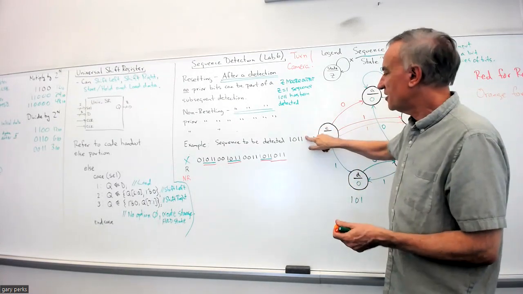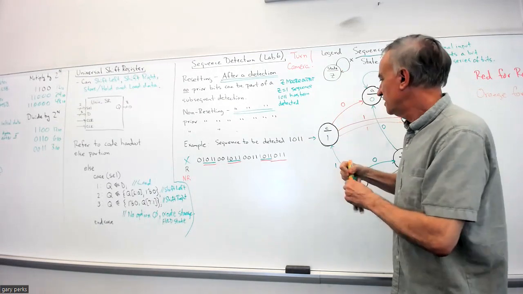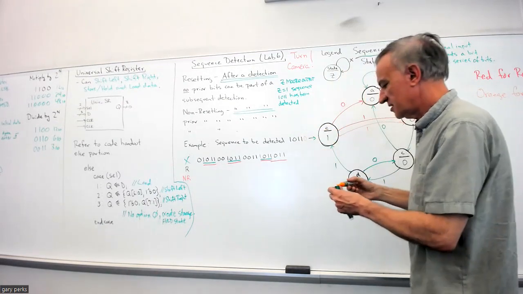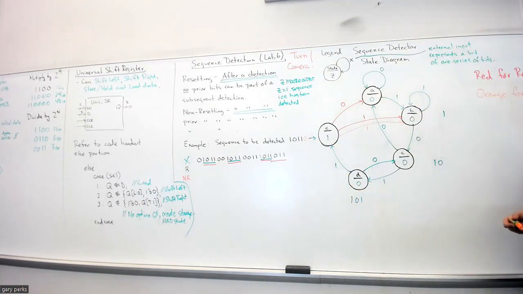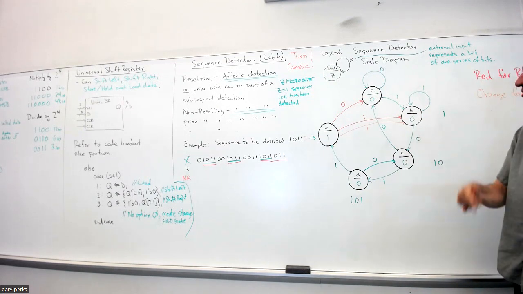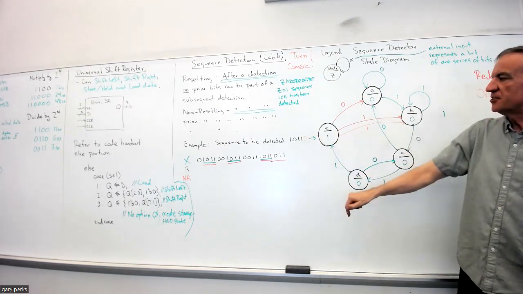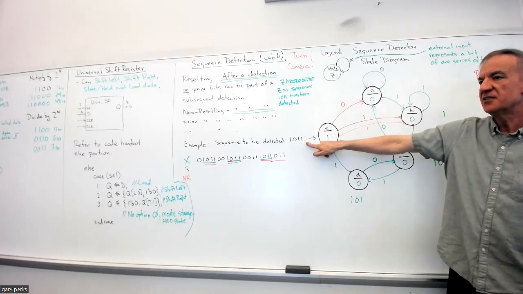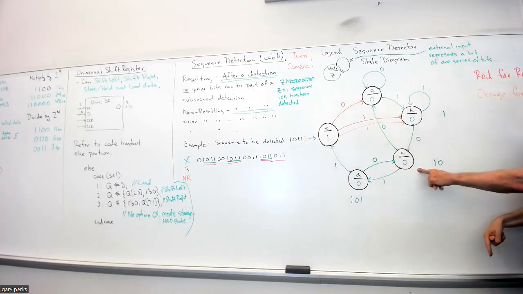But if we get a 0, this is what Tyler was referring to earlier, I forget your name, is it Tyler? If it's non-resetting after detection and we get a 0, do you see why we go to C?